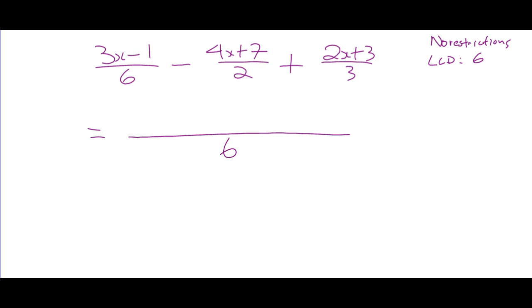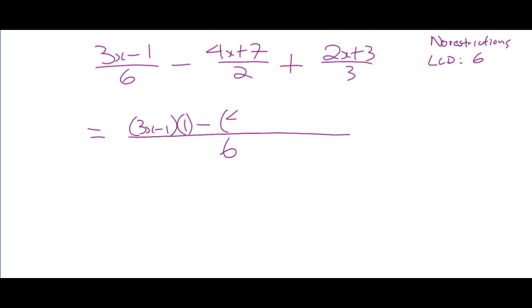Now I want to take each of these expressions and make it so it's over 6. I've got the expression 3x minus 1, and I'm going to make sure that I put parentheses around it, because that's an expression. How do I make it go over 6 based on what it was over? Really, I don't have to do anything to it. It's already over 6, so if we want, we could multiply that by 1.